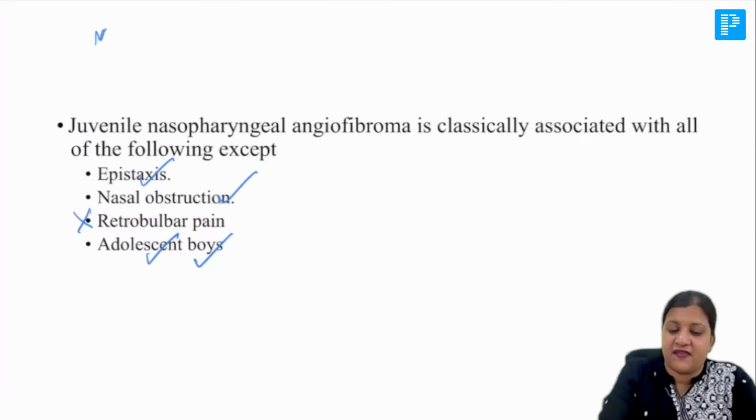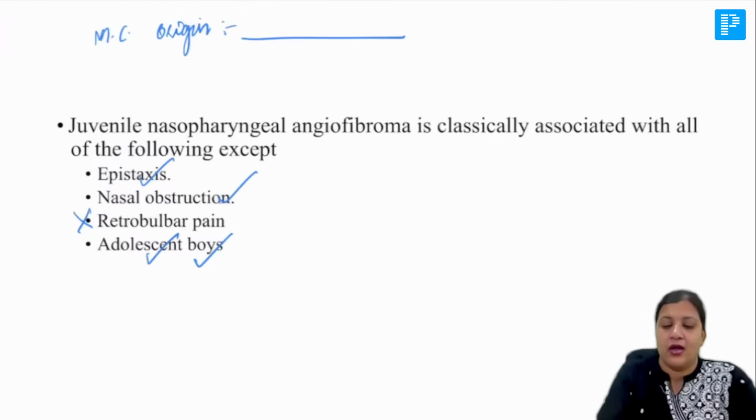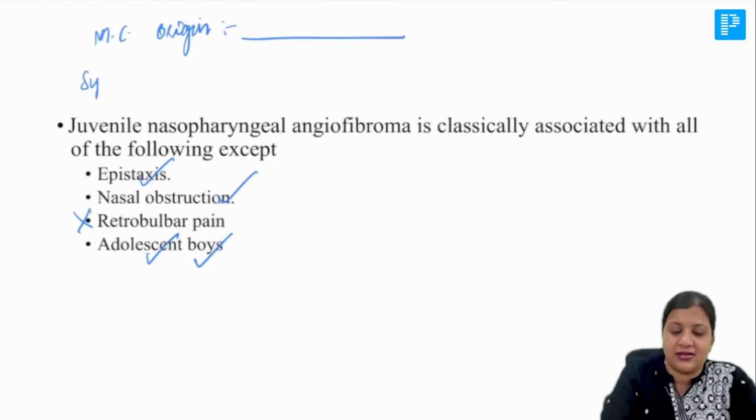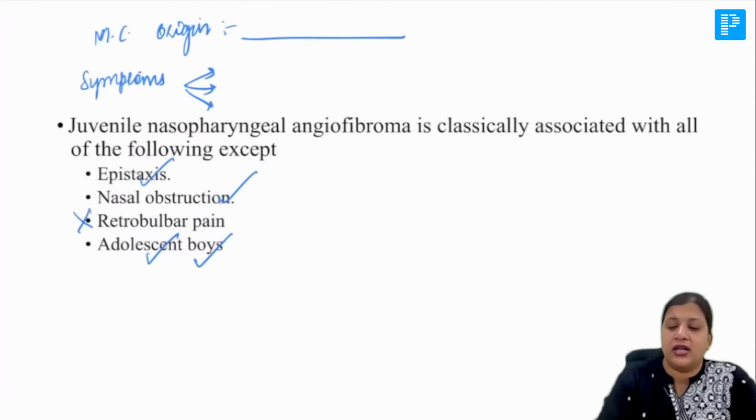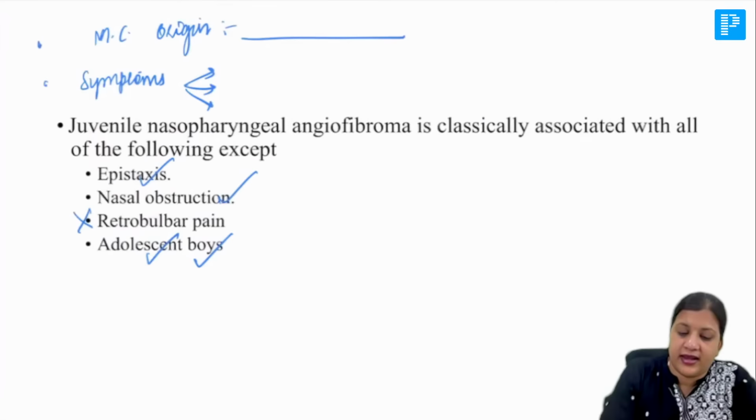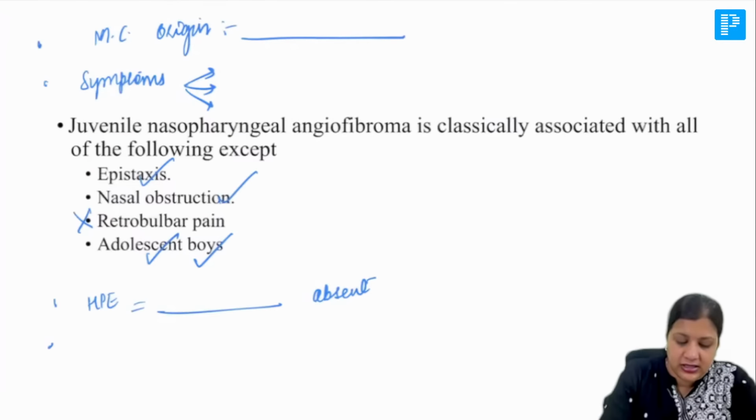Now in JNA, if I ask you what is the most common site of origin, can you all answer in the chat box? What are the three presenting features? How do we classify the symptoms of JNA? Number three, on histopathology, what layer is absent? So HPE will show you what layer is absent. Number four, is it invasive or non-invasive?